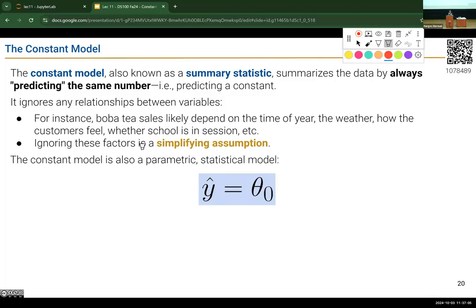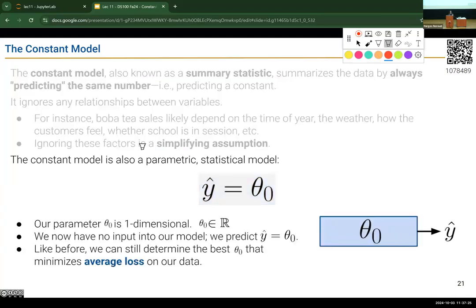As you can tell, it's much simpler than simple linear regression because there's no input and there is no theta one parameter; there's only one parameter to deal with. The reason I picked this model is that it's simpler for you to visualize and make sense of different loss functions playing with this model, and to see the impact of them side by side.